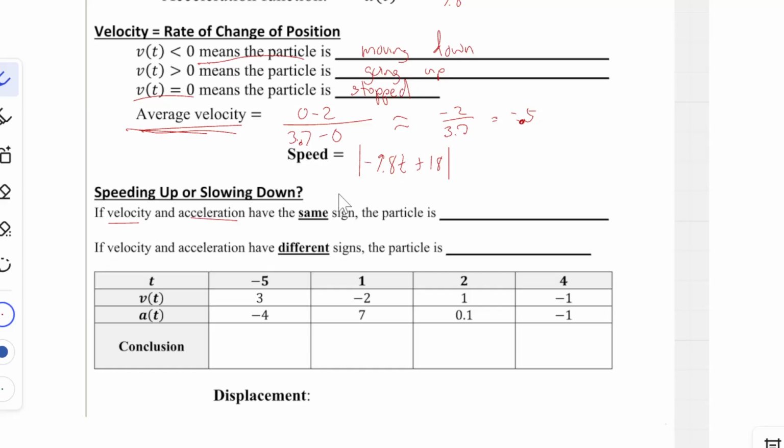If velocity and acceleration have the same sign, then the particle is speeding up. It's just something I memorize. And if they're opposite, then it's slowing down. Just memorize that.